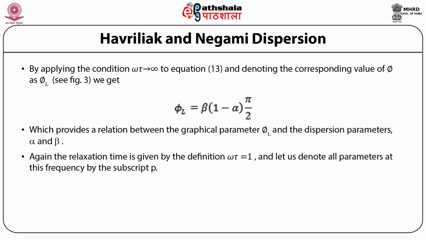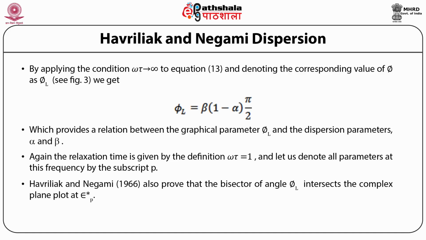Again, the relaxation time is given by the definition omega tau is equal to 1, and let us denote all parameters at this frequency by the subscript p. Havriliak and Negami also prove that the bisector of angle phi L intersects the complex plane plot at epsilon p star.